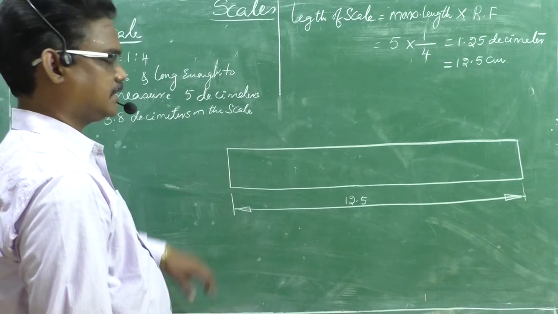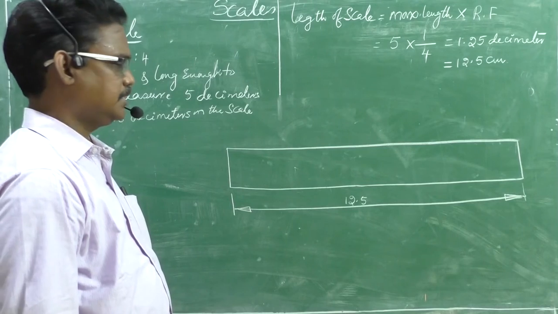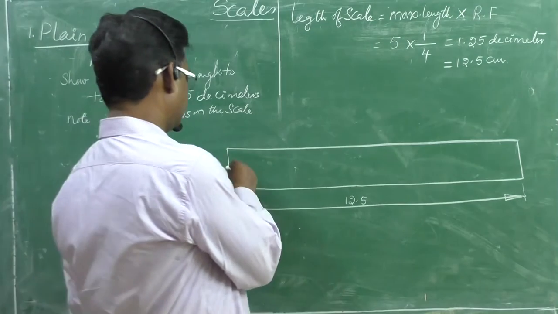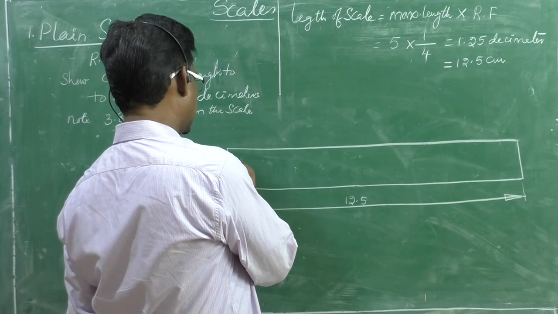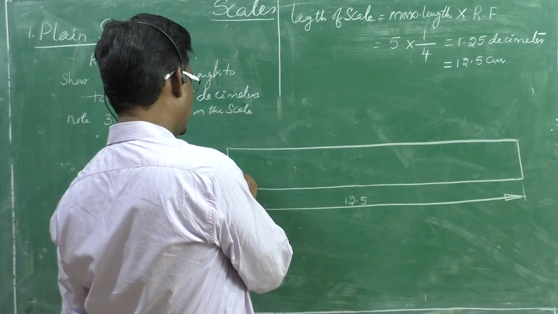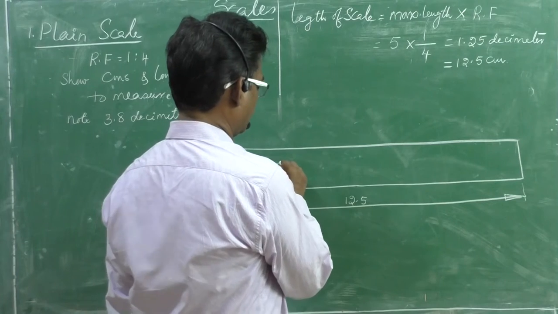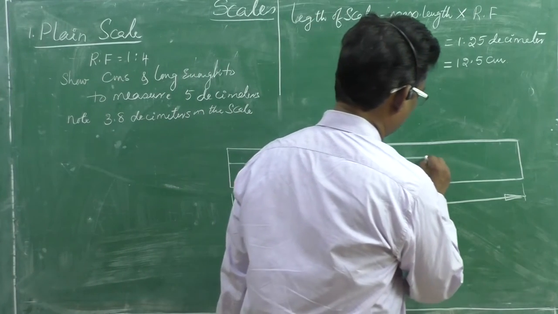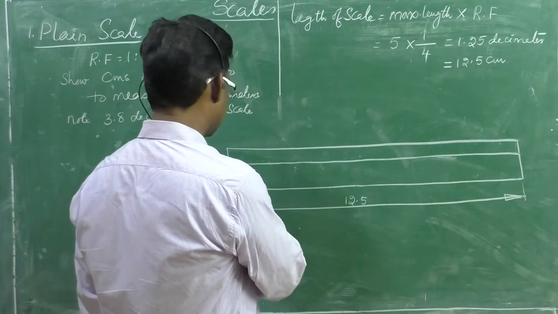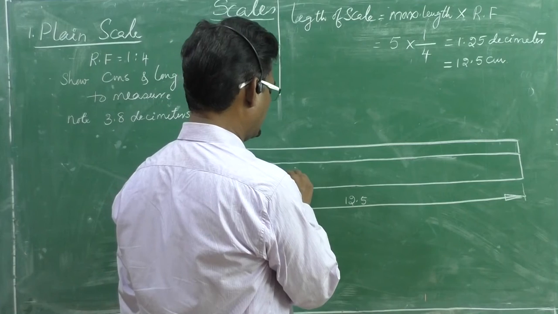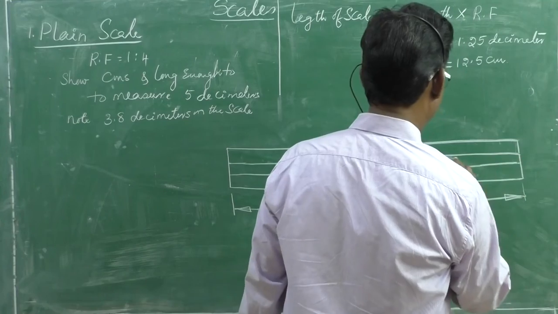In this scale, for our easiness, for our purpose, you can draw here 3 mm, here 3 mm, middle 4 mm it will be. You can draw a line like this. This is construction for the purpose of increasing the visibility only.